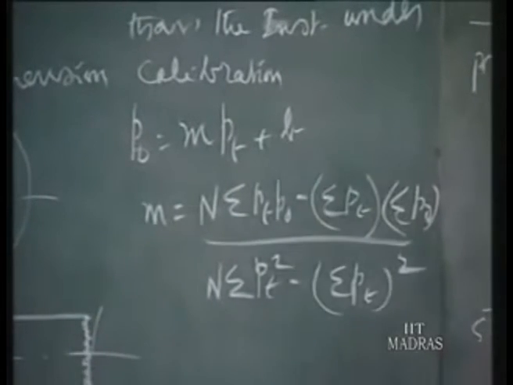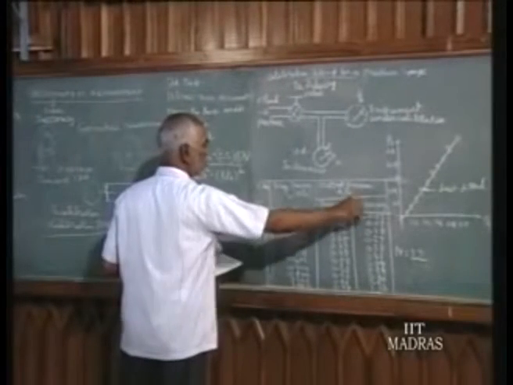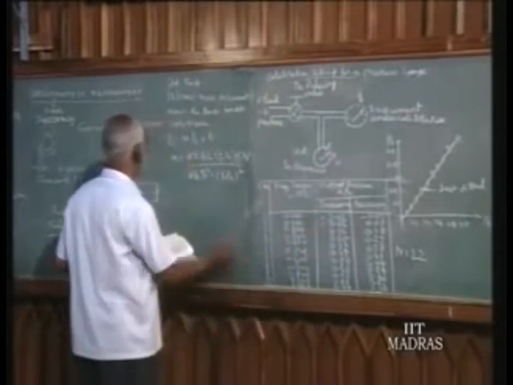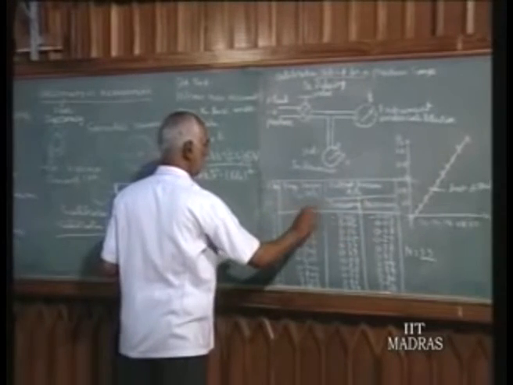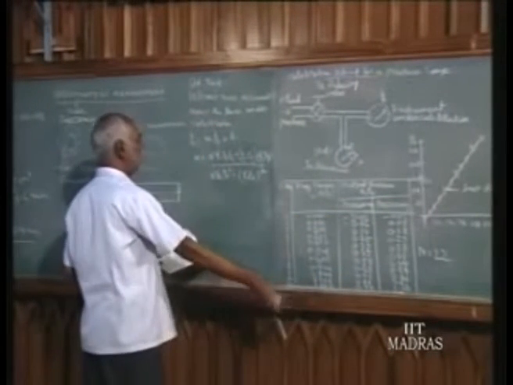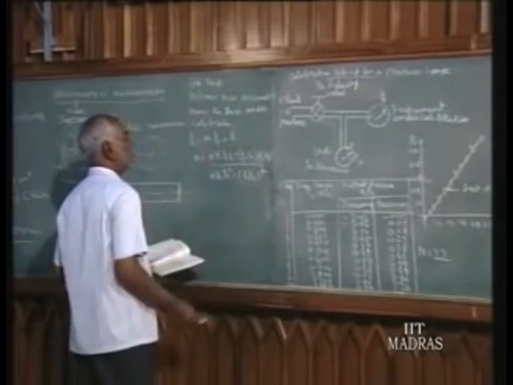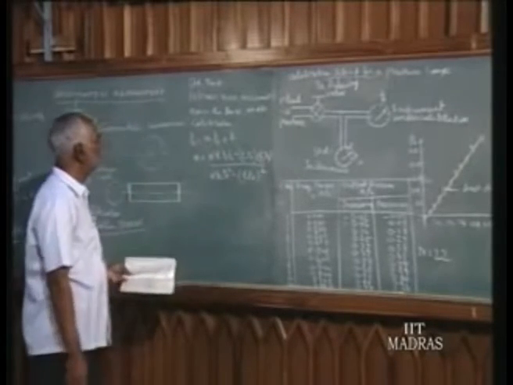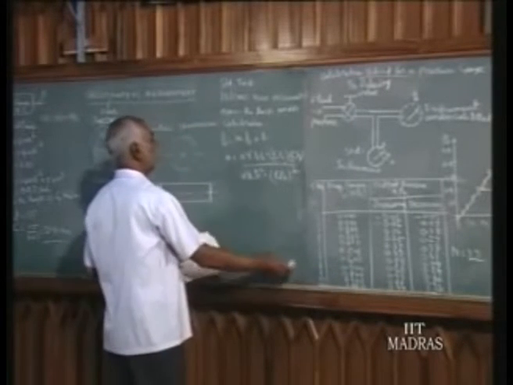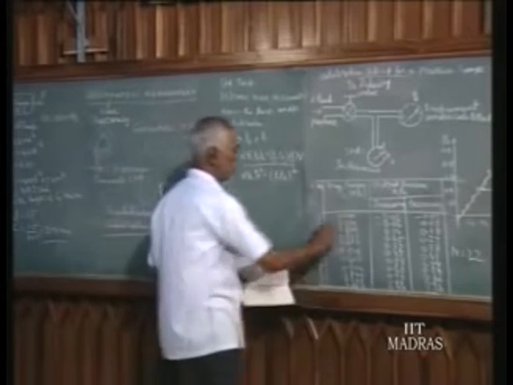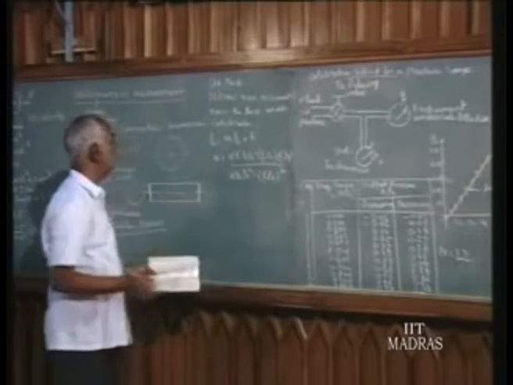To compute this, you write PT and PO in one line, multiply each individual pair, call it the PT into PO term, and add all of them at the end; that is the sigma total. Then open another column, square all the PT values, write PT square, and find its total, sigma PT squared. Sigma PT we already know, and its square is taken. So with a separate column for PT square and the summations, find the value of m.